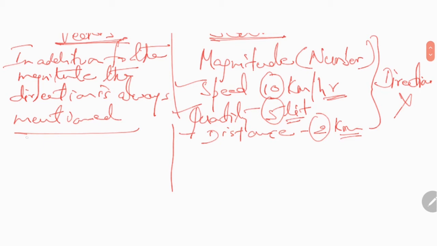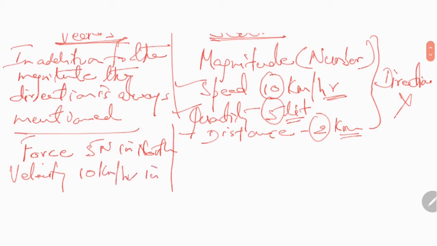Let's say, how about what we discussed in the last few classes, force. When we talk of force, we say 5 newtons in the north direction, or for example, velocity of 10 kilometers per hour in the northeast direction.